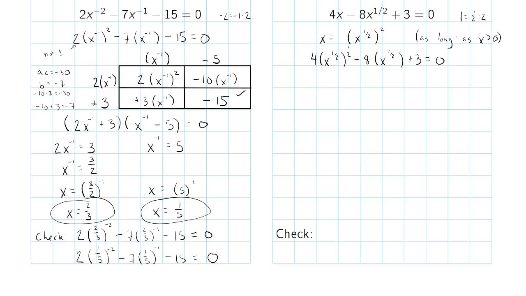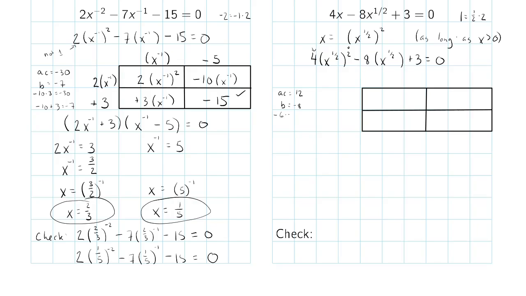It looks like we're a quadratic trinomial. Our leading coefficient is not 1. So we're going to use the AC method. We have AC is 12, B is negative 8. We need two numbers whose product is positive 12, whose sum is negative 8. I think the numbers we want are negative 6 and negative 2.